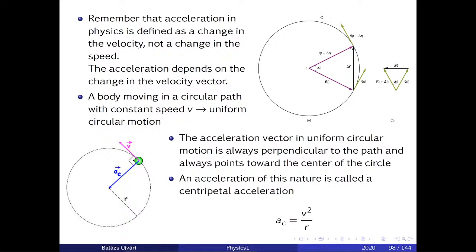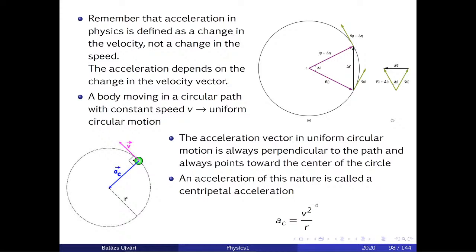Since it moves on a circle, it changes its direction. So even if the absolute value of v is the same, there is delta v, and if we derive delta v with delta t, we can have a centripetal acceleration.